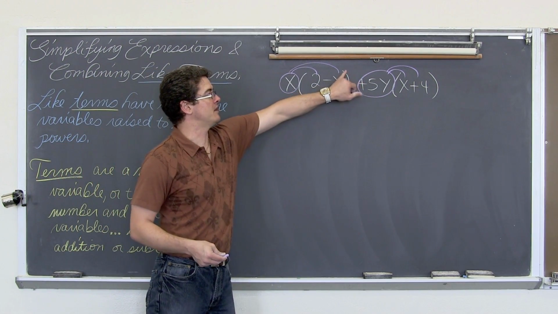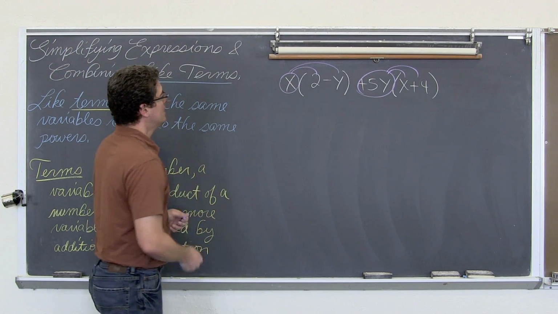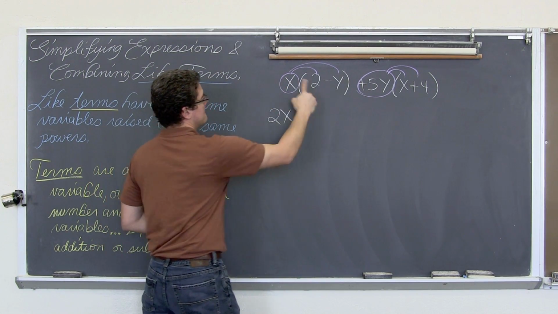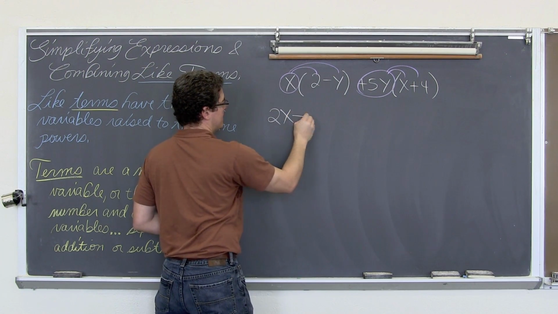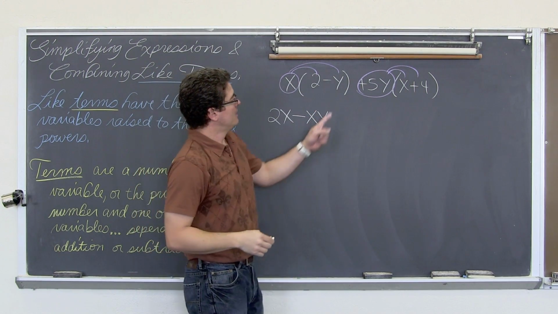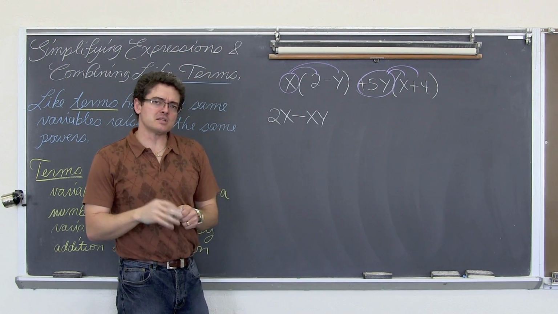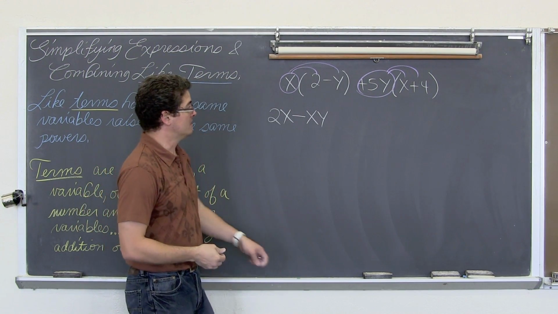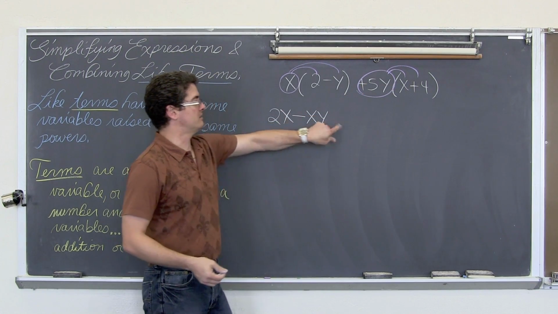Unless, of course, you have an exponent you have to deal with first, but we don't. So we have 2 times x, which is 2x. Positive and negative makes a negative xy. And then we have, now you notice how I'm not writing the signs right away? I'm looking at the sign of what my answer is going to be. So I'm not writing this plus sign immediately.